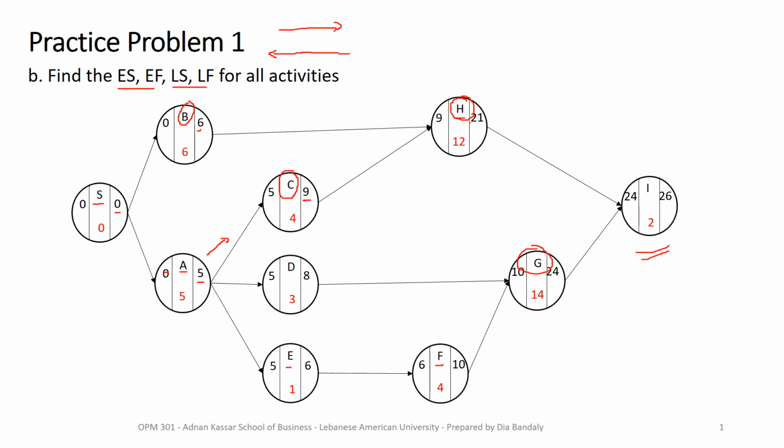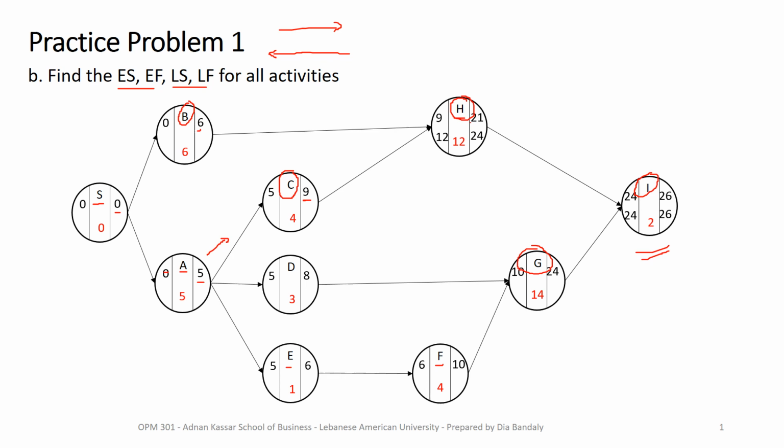And what do we do? We set the latest finish of that activity I to be equal to its early finish of 26. So here we go, 26 minus 2, that's 24. Okay, then we go from I backward to H. I has a latest start of 24, so the latest finish of H will be the same, 24, and 24 minus 12, that's 12.